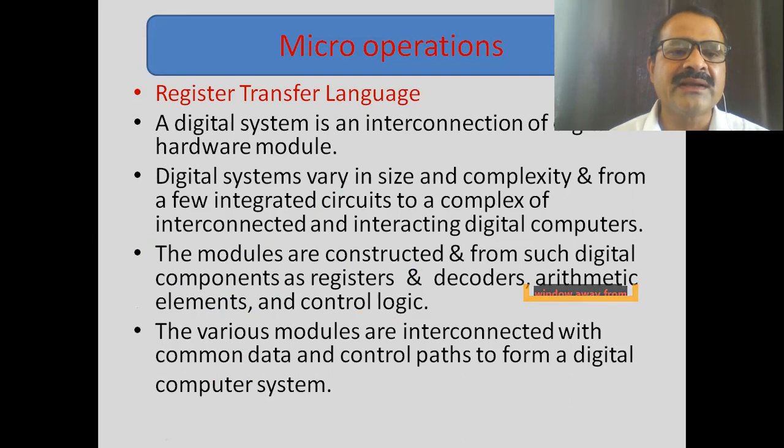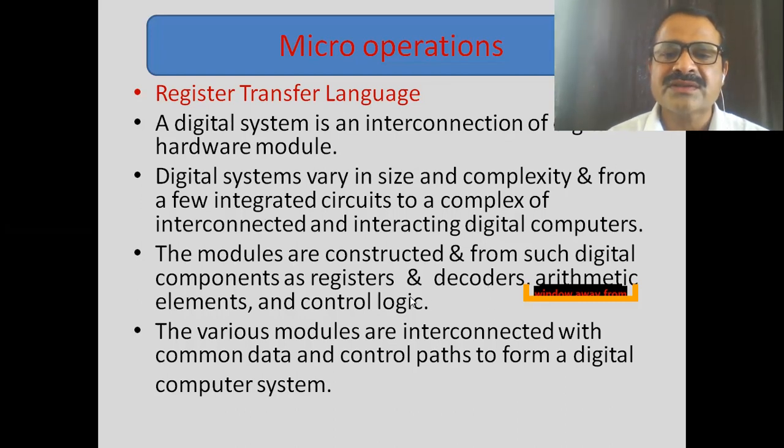So here in a digital system, there is an interconnection of digital hardware modules. As all of you know, digital systems vary in size and complexity, and there are certain integrated circuits which increase this complexity by interconnecting and interacting various digital components.